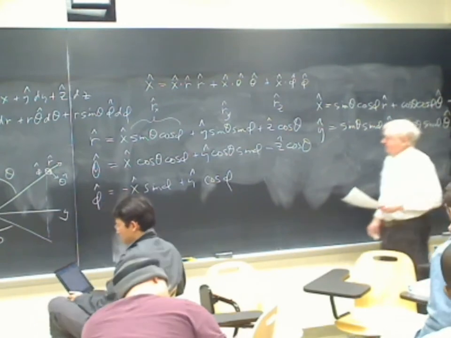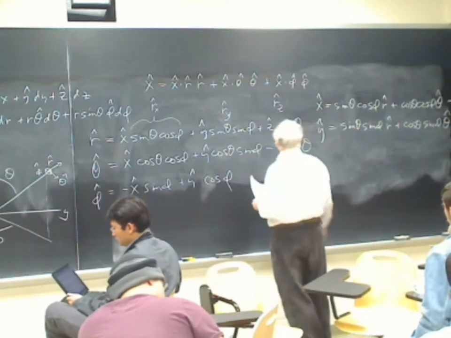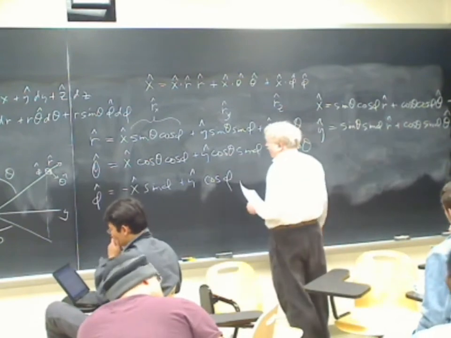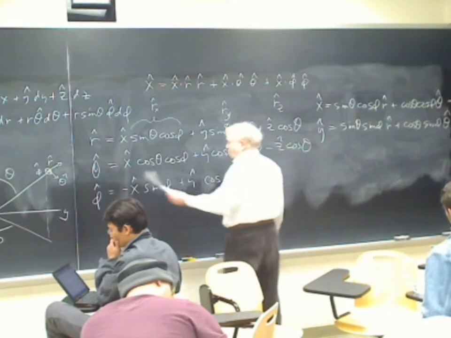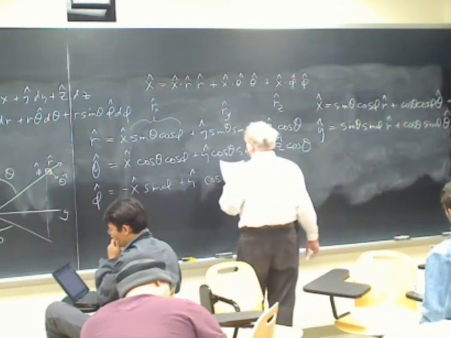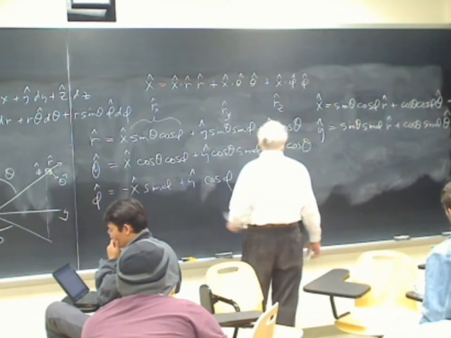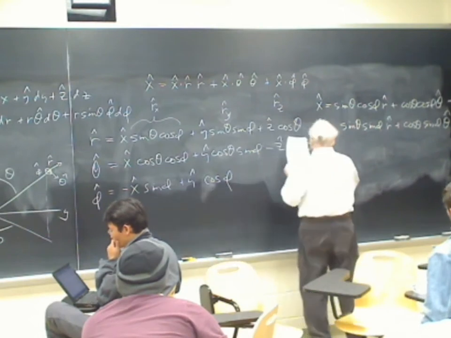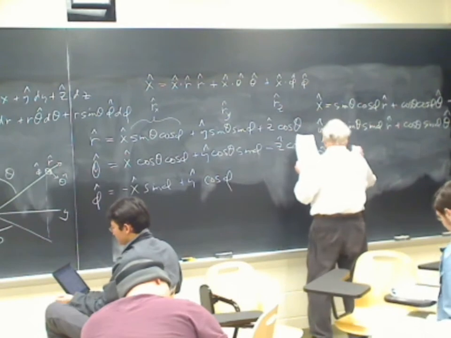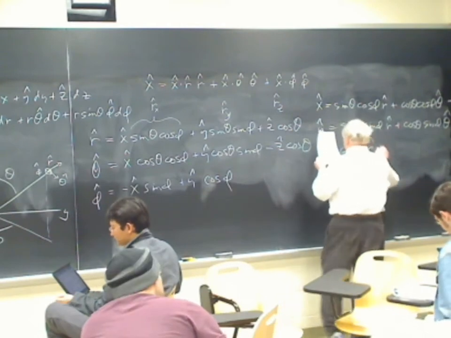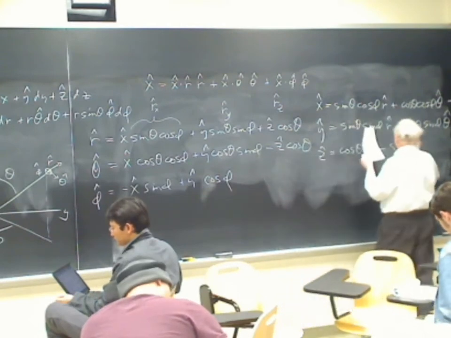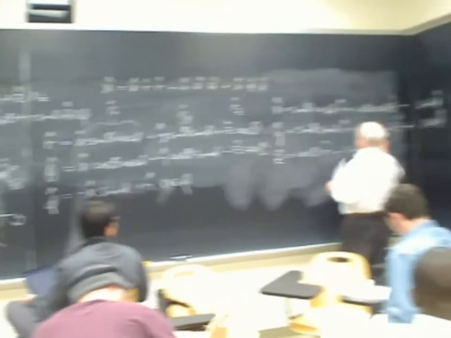So this is just taking the dot product of y hat with r hat, theta hat, and phi hat, and so forth. Similarly, z hat is equal to cosine theta r hat minus sine theta theta hat.